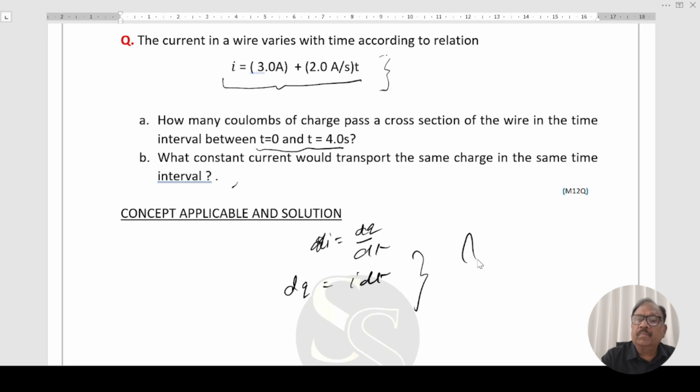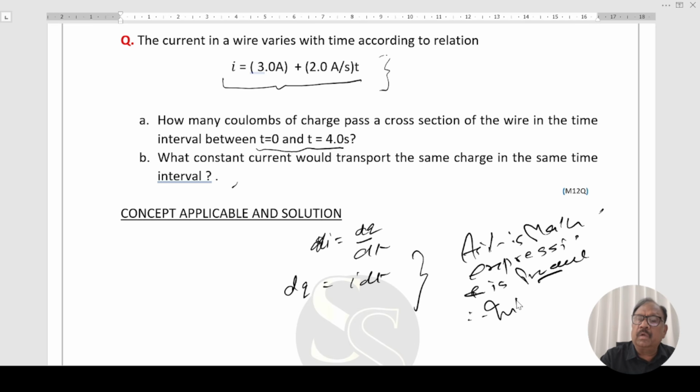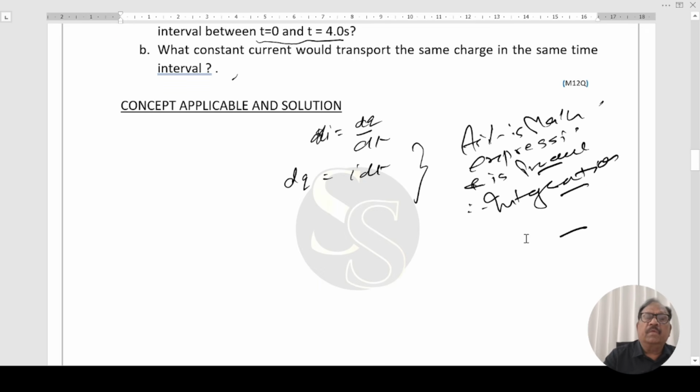As it is a mathematical expression and is a product, therefore integration will be carried out. Integration should be used. If it is a ratio, then think of differentiation.